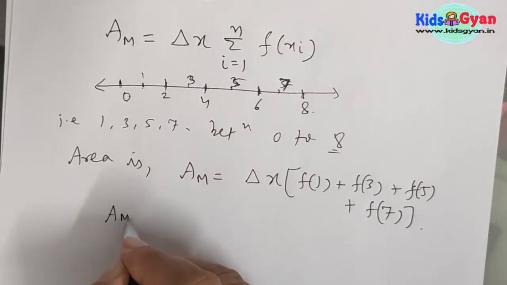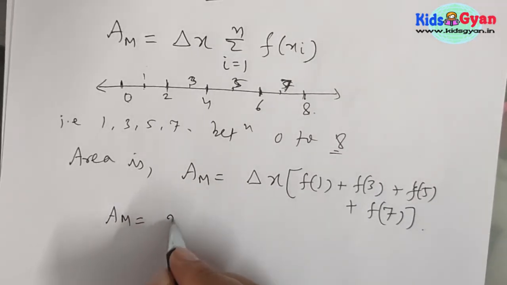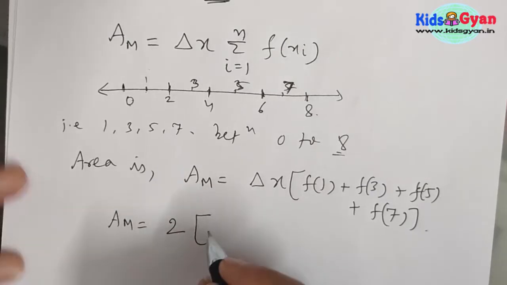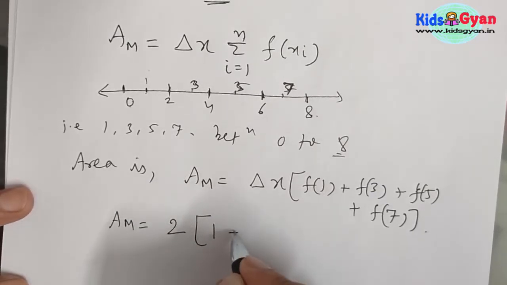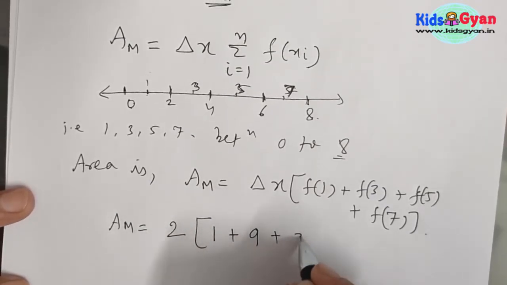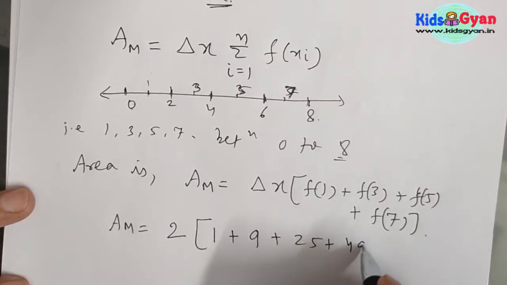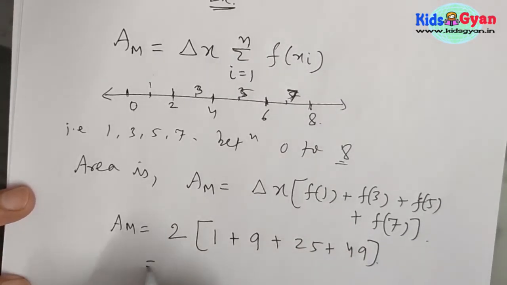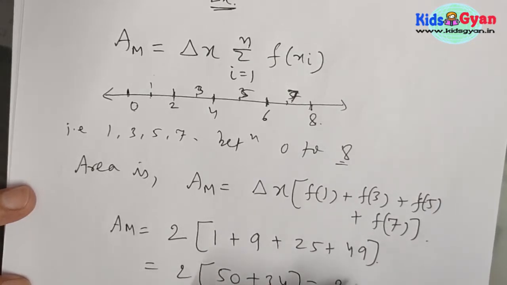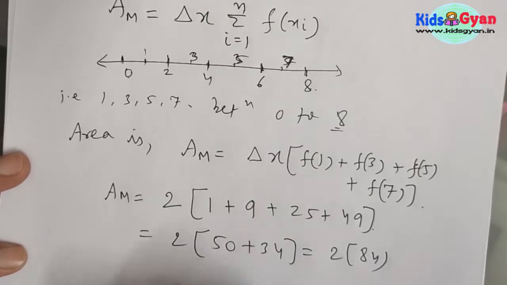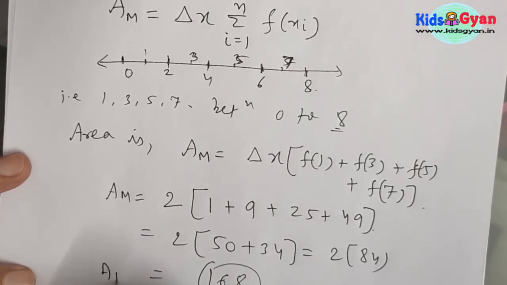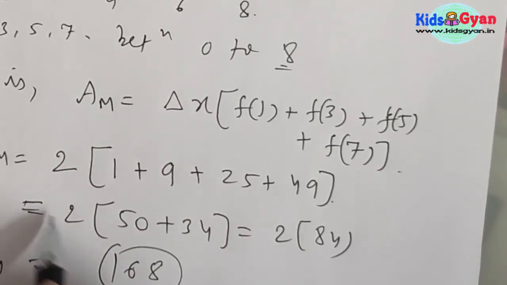So AM is equal to delta x is 2, f of 1 is 1 square is 1, 3 square is 9, 5 square is 25 and 7 square is 49. So that is 2 into 84, that is 168. So the area by the midpoint rule is 168.